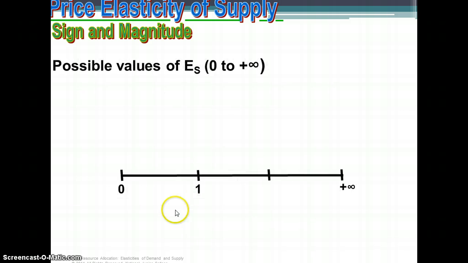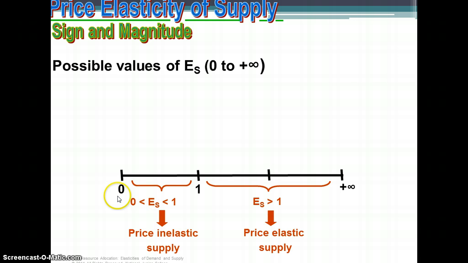To summarize this on a number line, for values between 0 and 1, the supply curve is price inelastic. For a PES value that is more than 1, the supply is said to be price elastic.